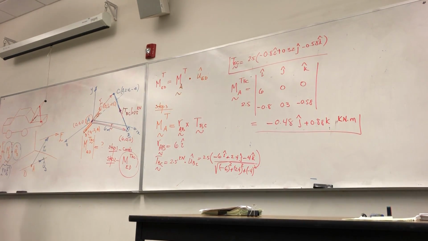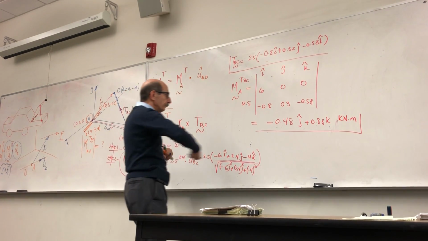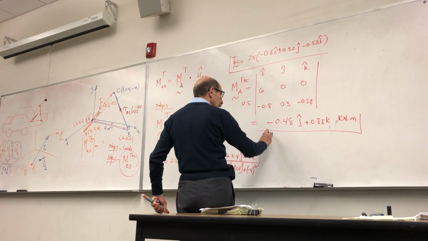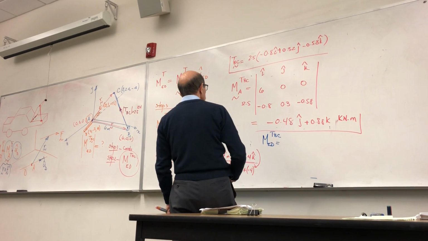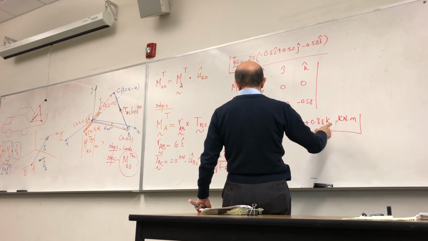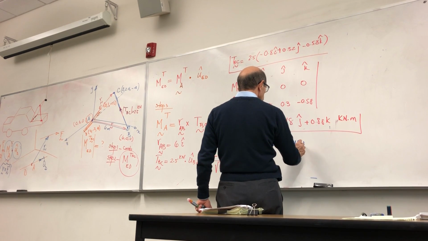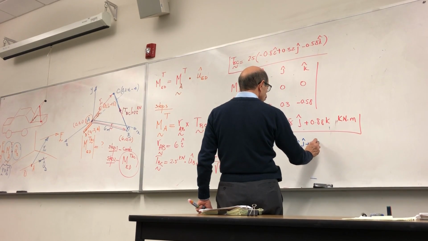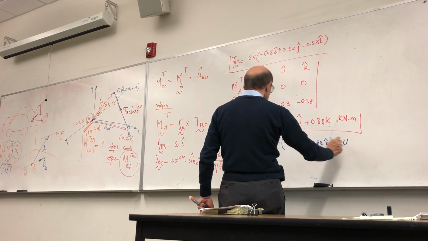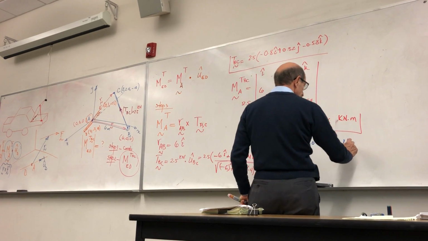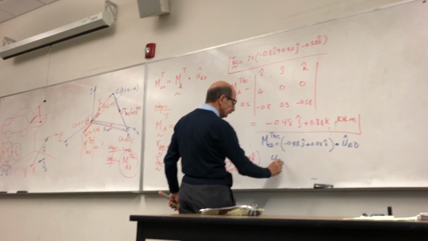So that's step 3. Last step, now you need to find the moment of this force BC about ED. So you need to find the dot product of this, in other words, the dot product of negative 0.48 J plus 0.88 K and the unit vector of ED. But what is the unit vector of ED?